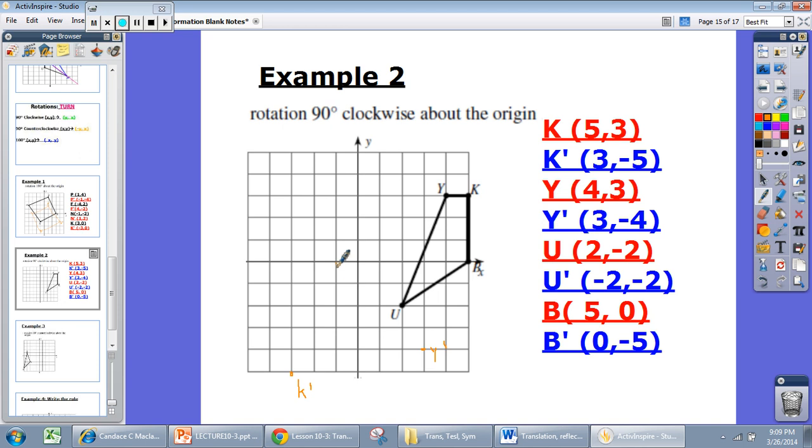U is negative 2, 2. And then B was 0, negative 5. Okay, so let's connect them.